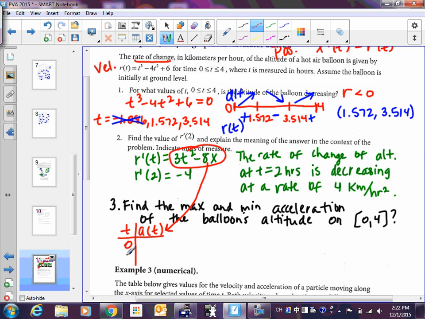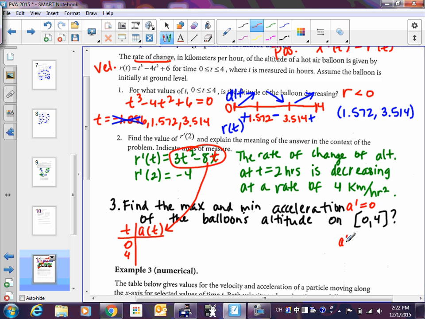I know 0 and 4 are two candidates. And I put an X there. Anybody notice that? What's the other candidate? Do I set this thing equal to 0? I mean, this is the acceleration. I need to figure out where A prime is equal to 0.